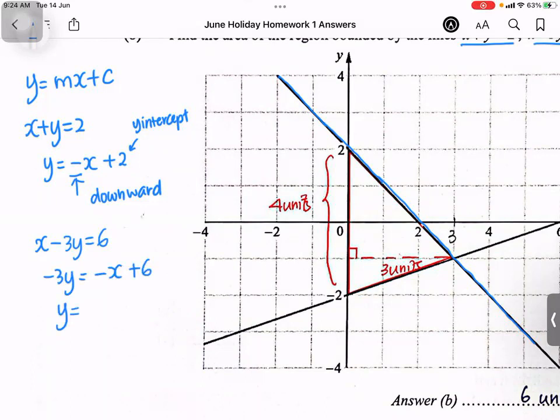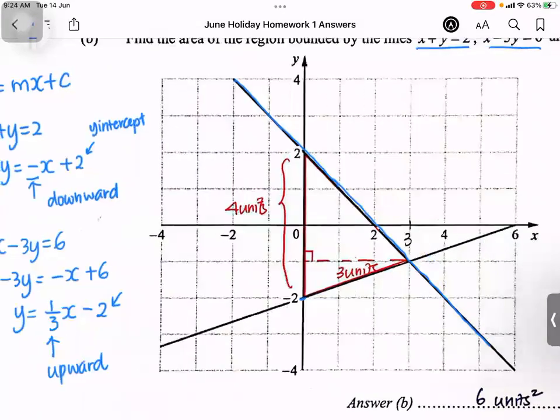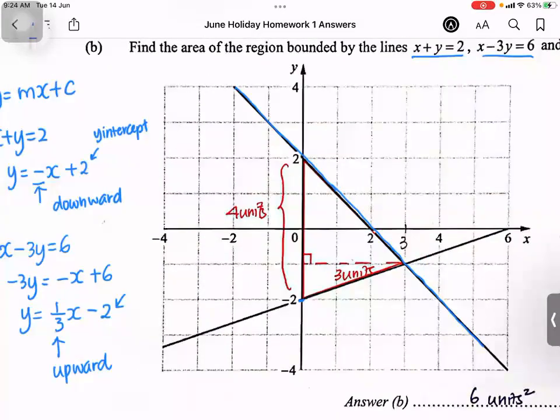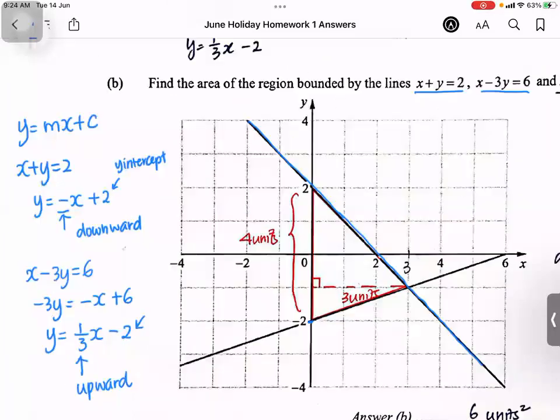Negative divided by negative will become positive one over 3 x, then this one will be negative 2. This is my gradient, positive gradient, so this is upward sloping. Then the y-intercept is negative 2. So you can say that this one is the other line that's going upwards. So I will know a mental image of these two.